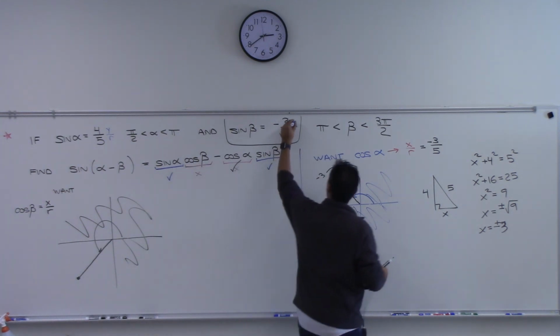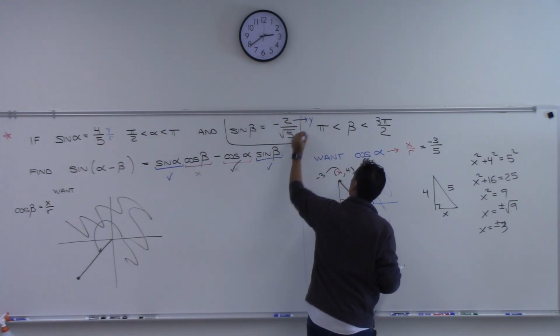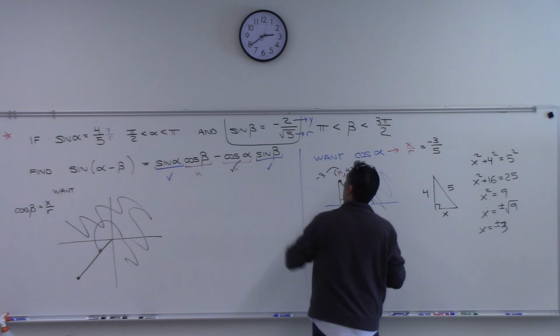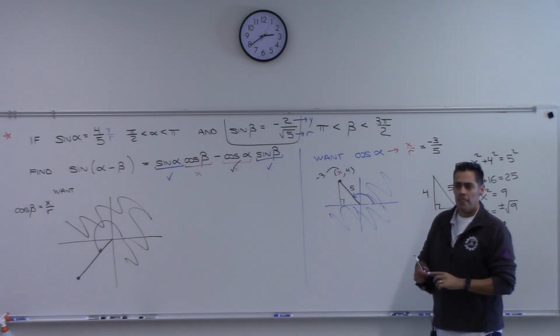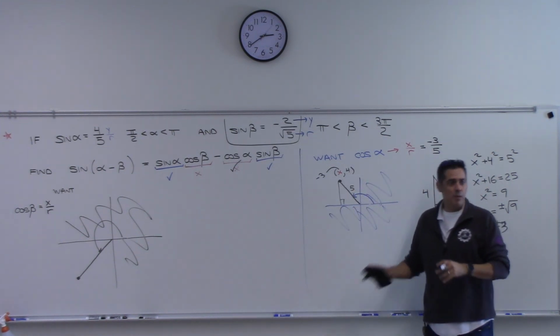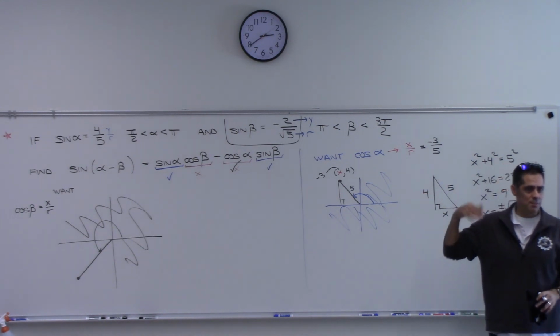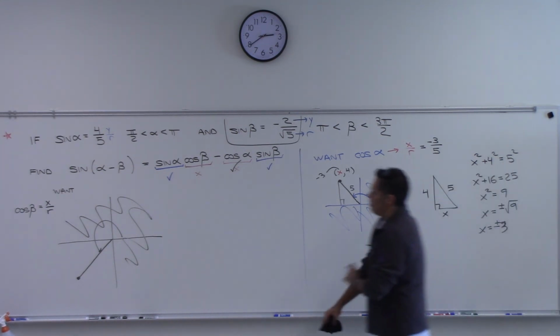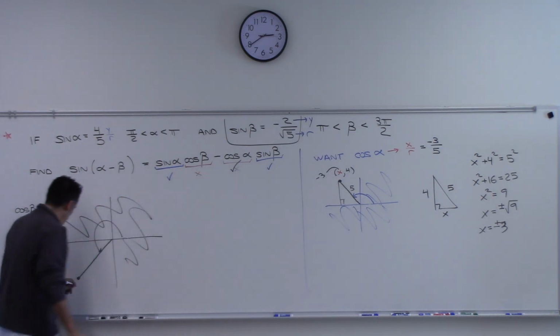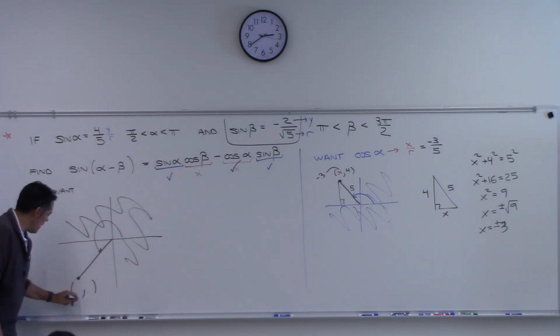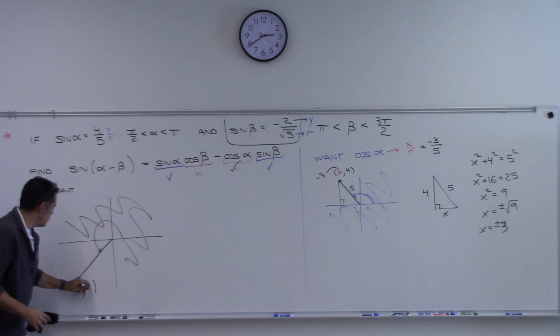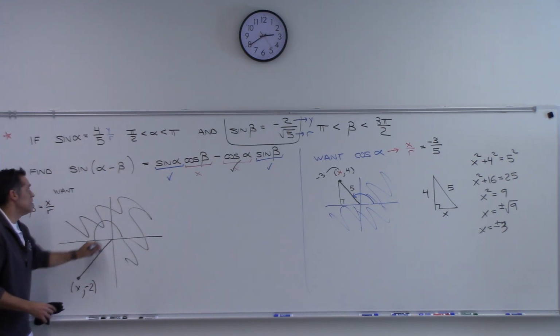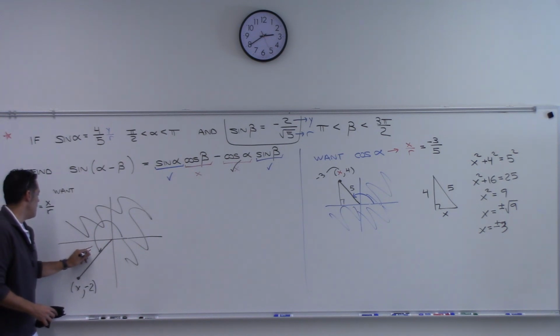So I'm going to look at the y as being negative 2 and the r as being root 5. Does this look familiar? Do y'all remember when we've done this, right? This is not the first time we've done this. It's just been a little while. So I can say here that this point has an x coordinate, which I don't know yet, and a y coordinate of negative 2, and the radius, which is this distance from here, is square root of 5.